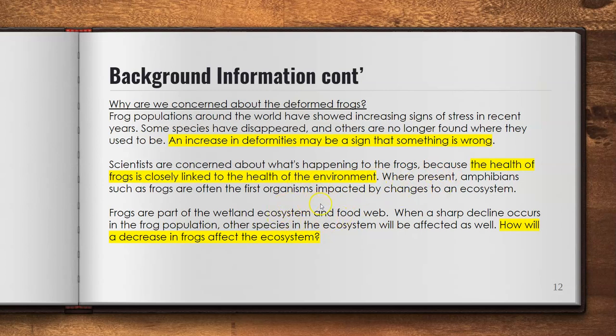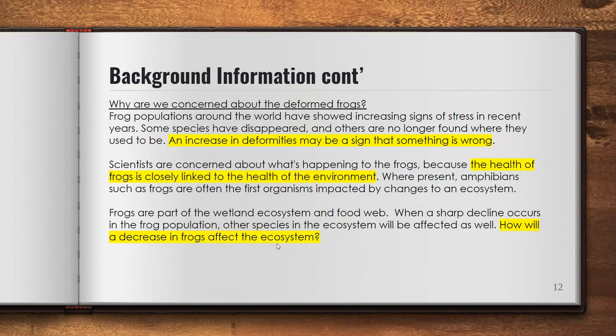And so if we're talking about an ecosystem, we have a food web that frogs are a part of. So if we start having a sharp decline in frogs, because these deformed frogs, they can't get away from predators, they can't swim well, they can't find food, so there's going to be a decline in their population. So how would that affect an ecosystem? So think about an ecosystem.